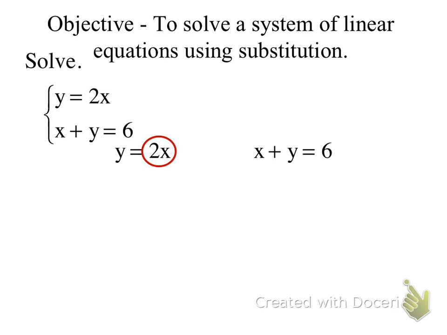So I know that this y is equal to this chunk here, 2x. So I can substitute that when I see that y. x plus 2x instead of y, because they're equal, is equal to 6. What I've done here is eliminate one of the variables, and then I can solve. Because really we're looking for the same y that works in both.